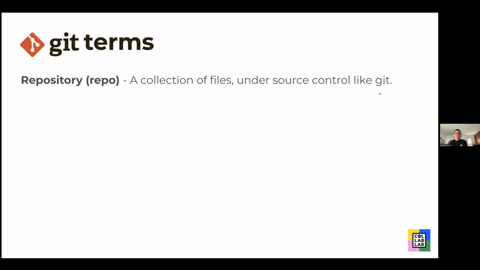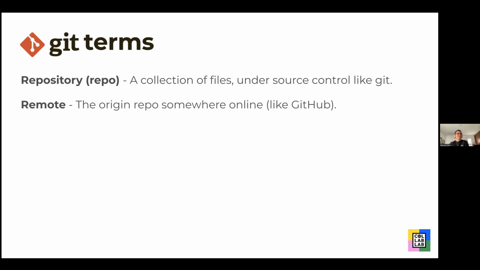Right. So first, the Git terms, right? The first thing is a repo. A repository is basically a project that has a bunch of files, and those files are under source control, right? Source control is basically what lets you travel back in time. You see a snapshot of the project from its inception until today, right?